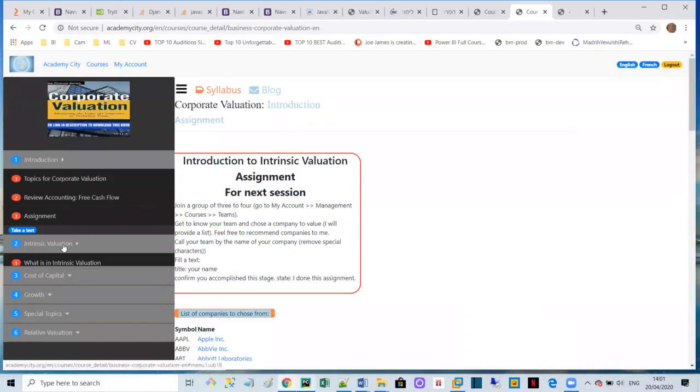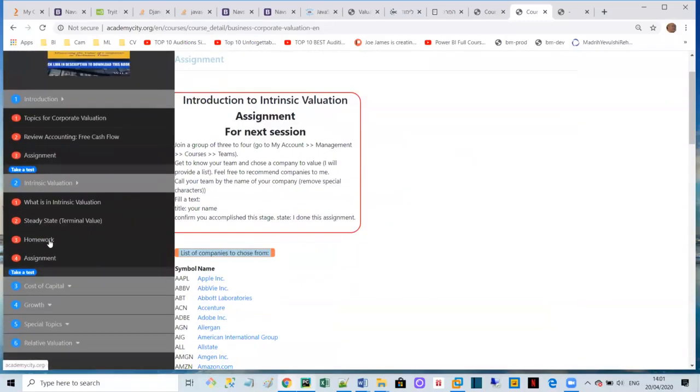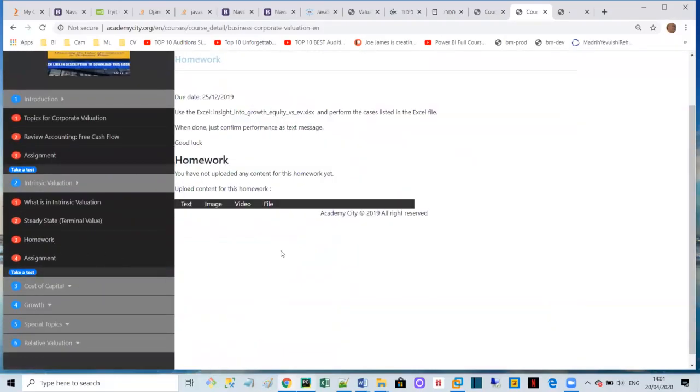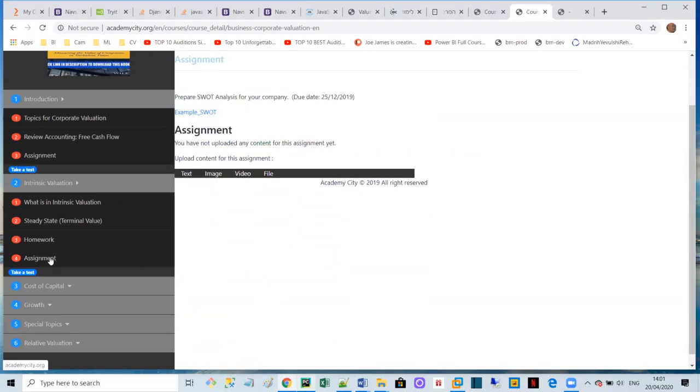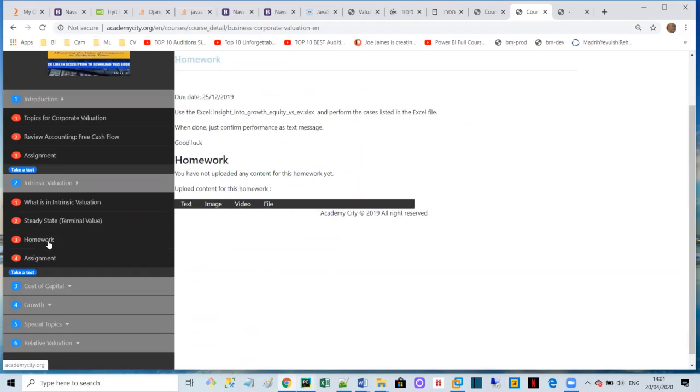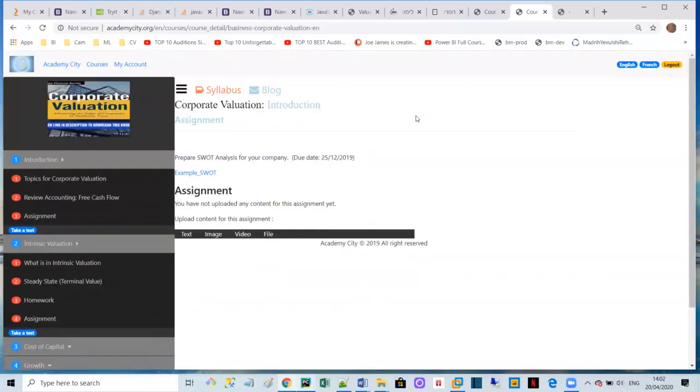When I write homework, it's individual work, okay? So this one you do individually, an assignment you do as a group. Homework, I usually like to put questions which will help you for the exam. Assignment, I'm going to explain now what the objective is and what it is.